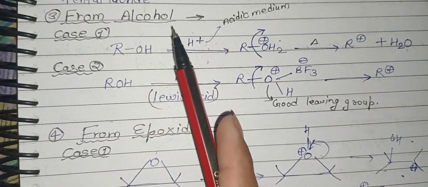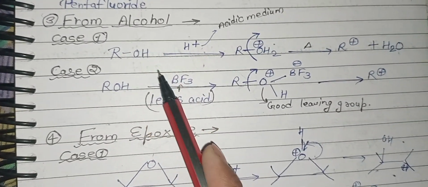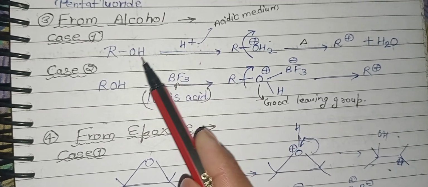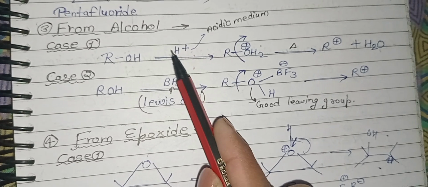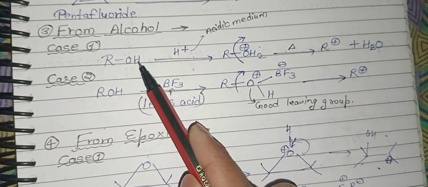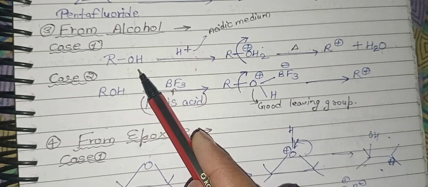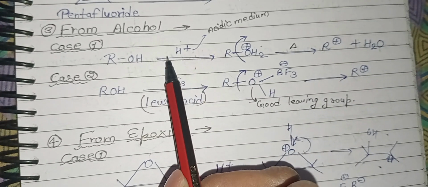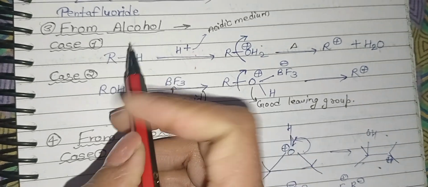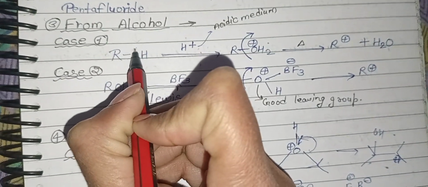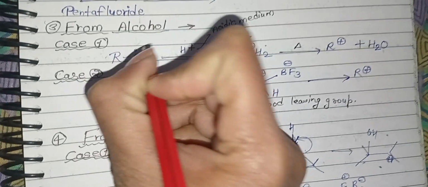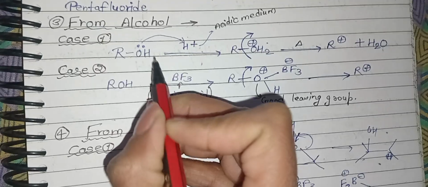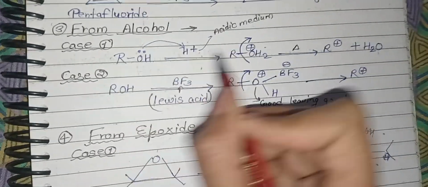Next, from alcohol. In the first case, in the presence of an acidic medium, H plus, the lone pair of oxygen attacks H plus, and we get OH2 plus.